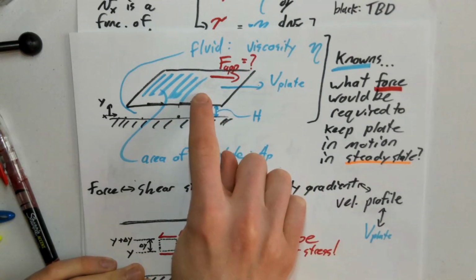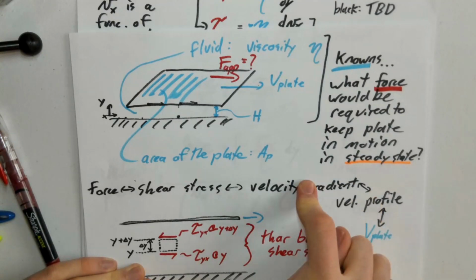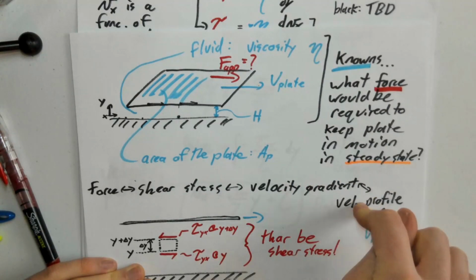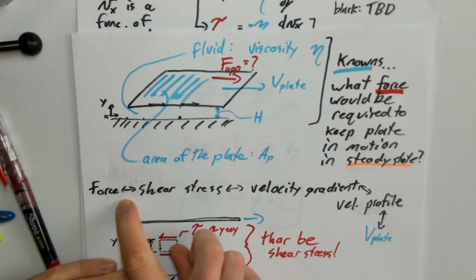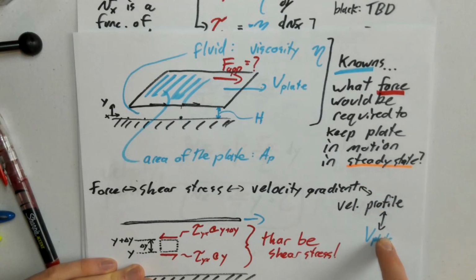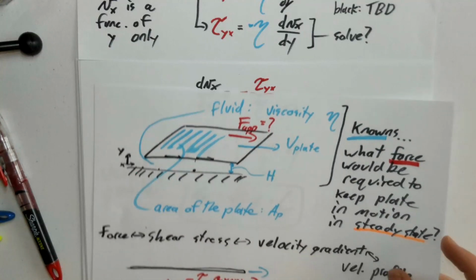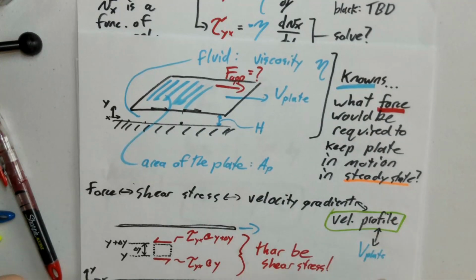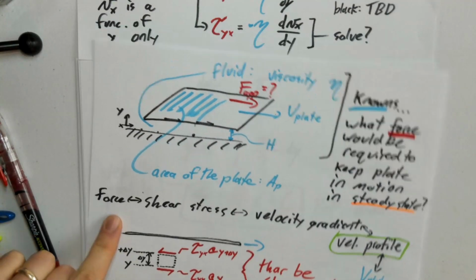So the velocity of the plate might help us deal with this velocity profile. We already made a connection between the velocity gradient and the velocity profile by integrating. So we're working towards being able to relate force to information that we know. This velocity profile is a step towards creating connections between things that we do know and things that we have yet to figure out.